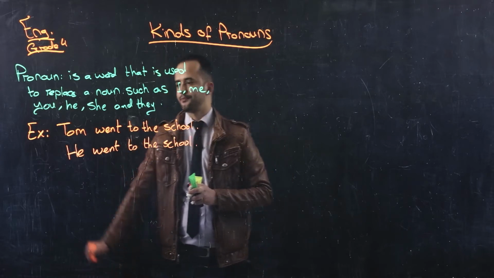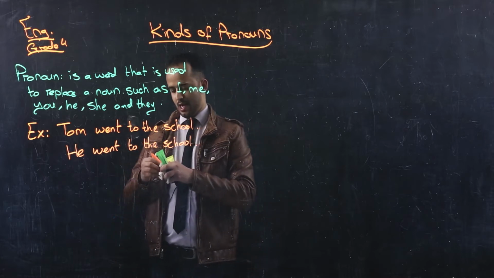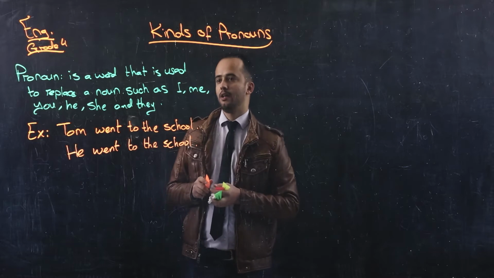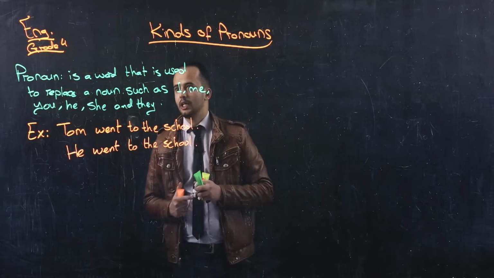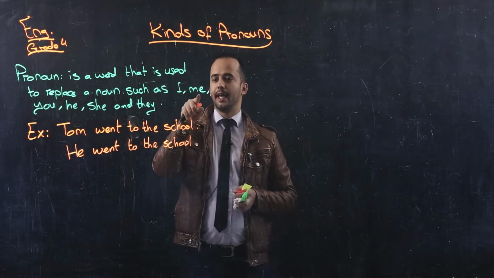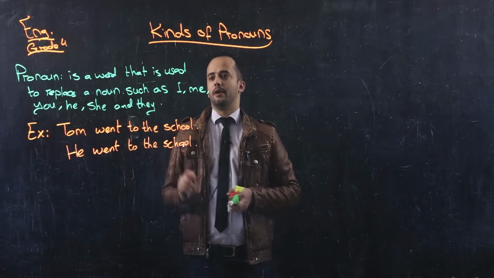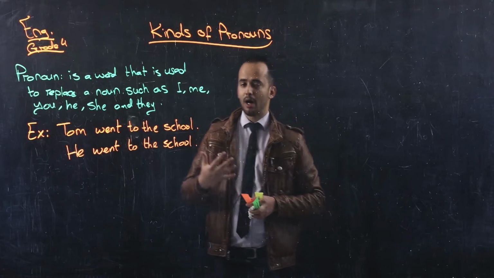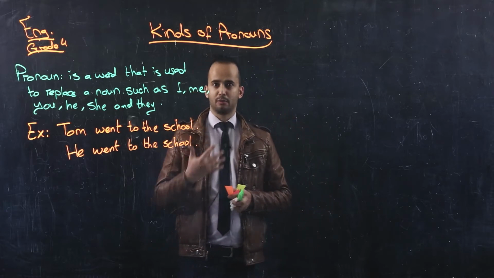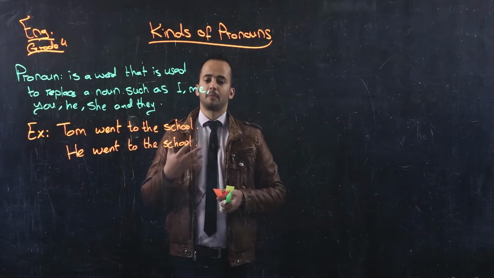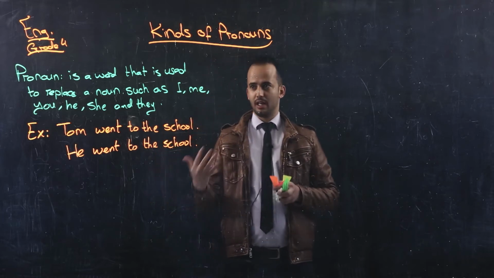Okay? Now, how many types of pronouns do we have? Okay? And what is the difference between each pronoun and the other? Let's take a look at I and me here. All right. Now, I and me are pronouns that can replace my name when I talk about myself. So, for example, I can say, Mr. Abdullah is teaching English.